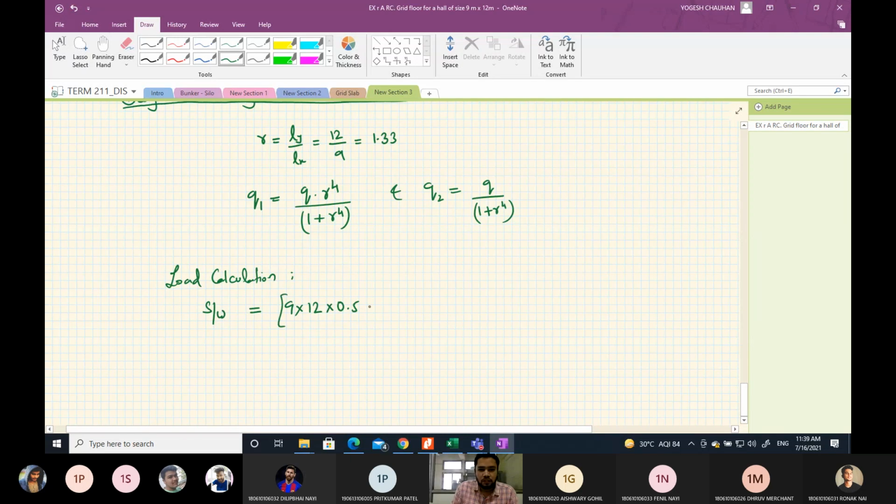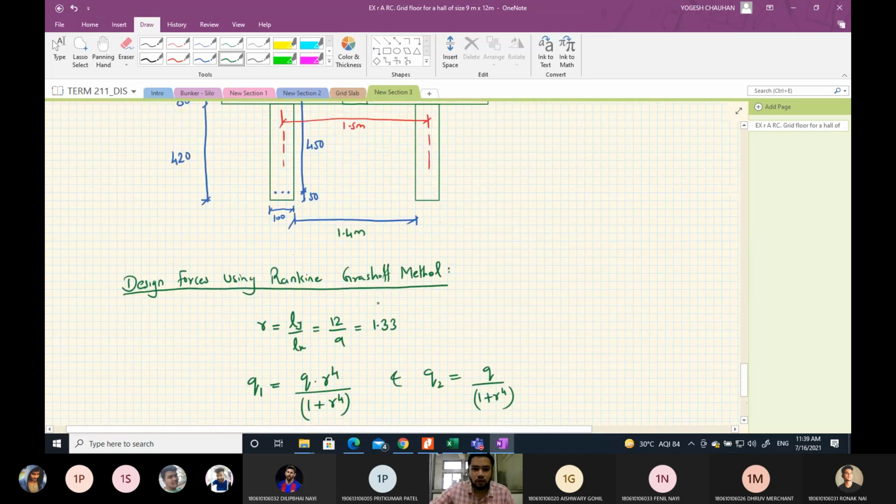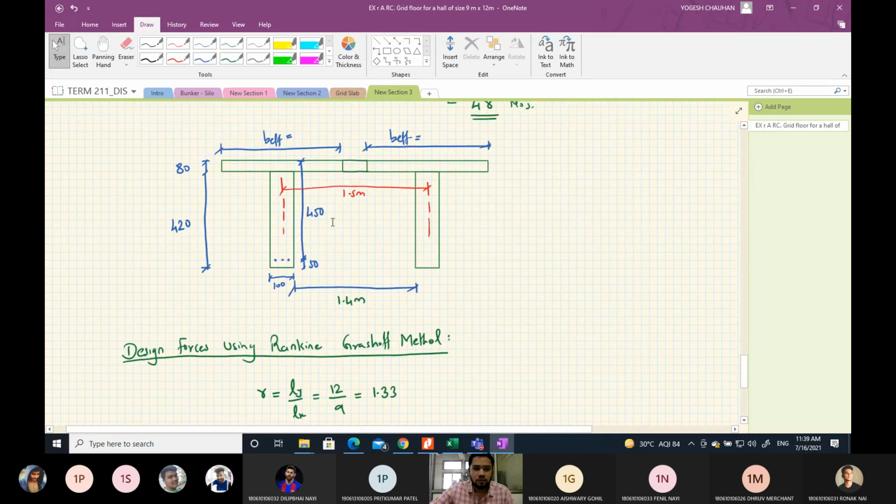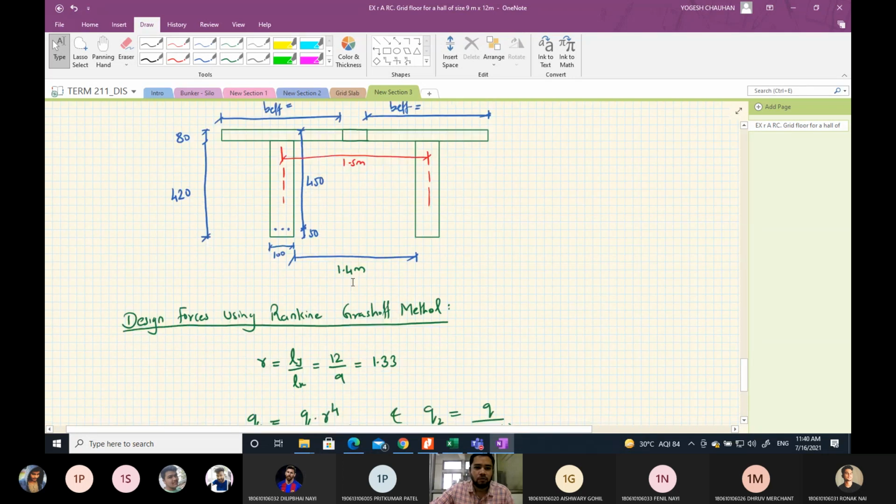Now this is to be deducted. We have to deduct the hollow portion. This is the hollow portion.